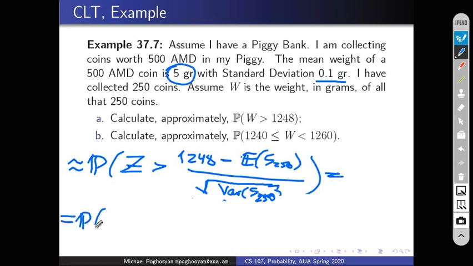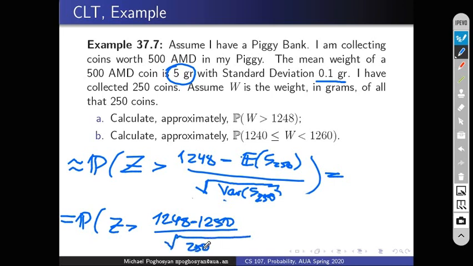This is the probability that z is larger than 1248 minus 1250 over the square root of 250 times 0.1 squared. Well, let me simplify this. Z is larger than minus 2 over 0.1 times the square root of 250.